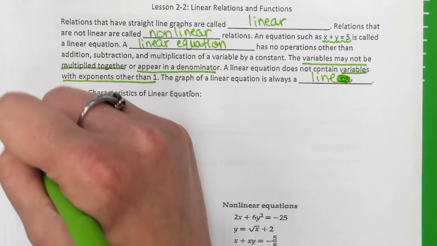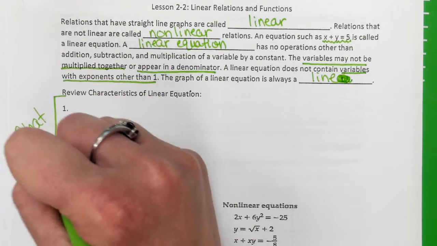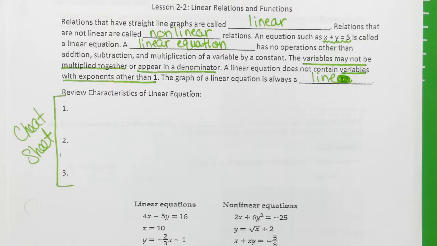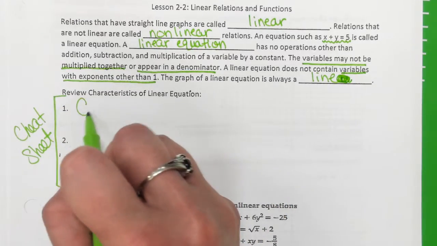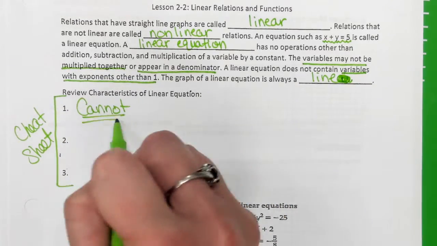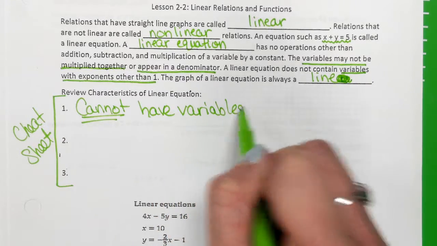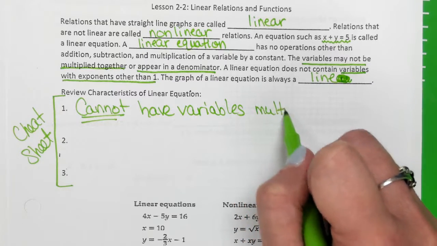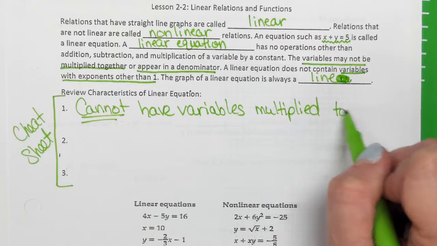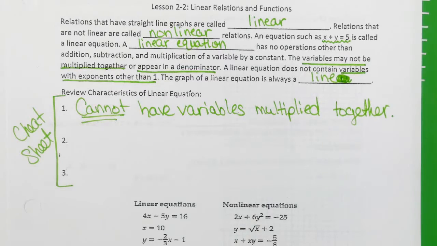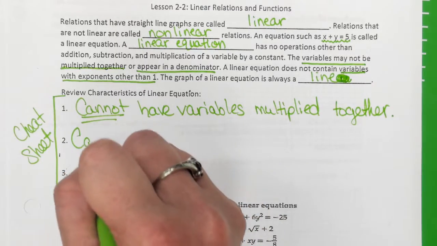All right, here's our cheat sheet. You ready? There were three characteristics we just underlined. The very first thing, what cannot happen? Variables cannot be multiplied together. What are variables? Letters multiplied together. What's the next thing we cannot have? We just underlined it.